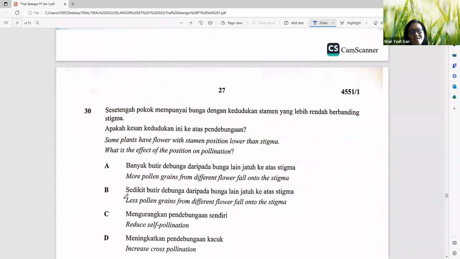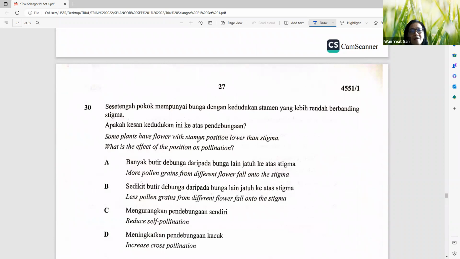Okay, number 30. Some plants have flowers with the stamen positioned lower than the stigma. Okay, so that means, let's say we have this stigma here. This is the stigma. But the stamen is lower. Maybe the stamen is like this.